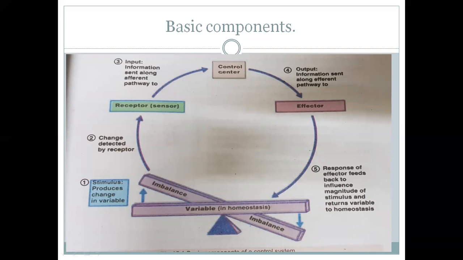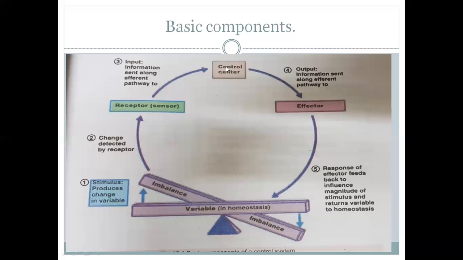Control center, जो कि क्या है? जो कि brain होता है. The brain translates that message, and then it gives the output information through the efferent. Afferent होता है अंदर जाने वाला, efferent होता है बाहर निकलने वाला.